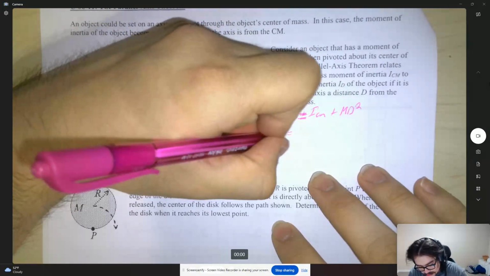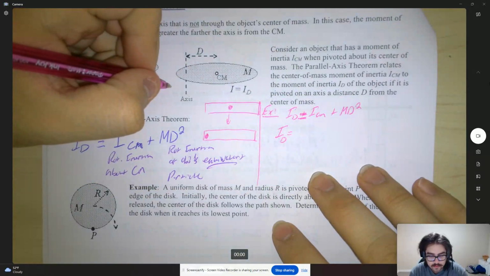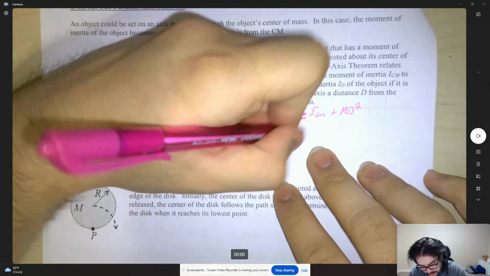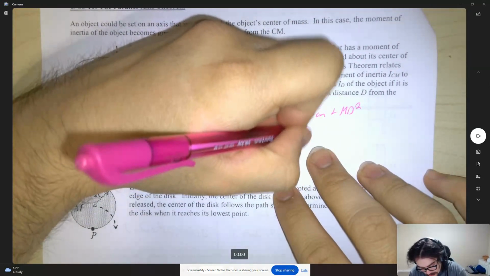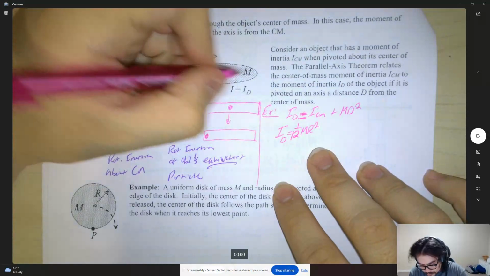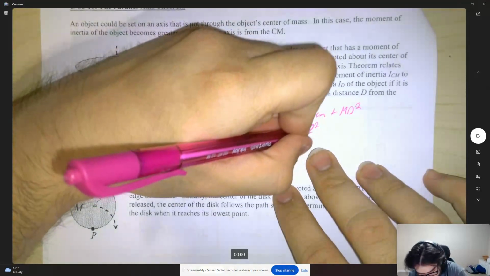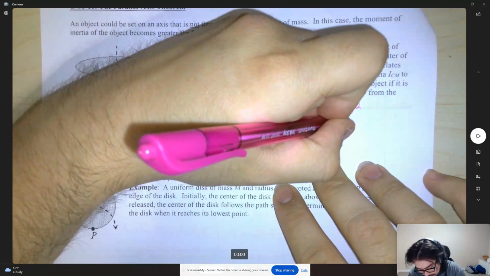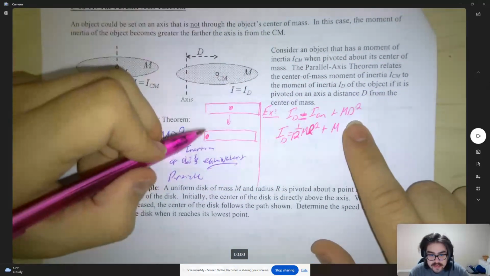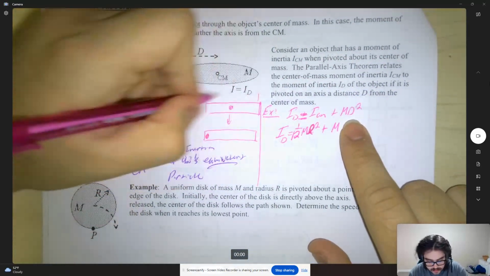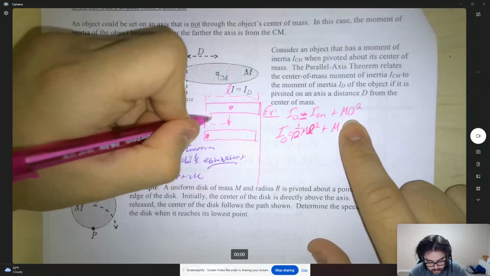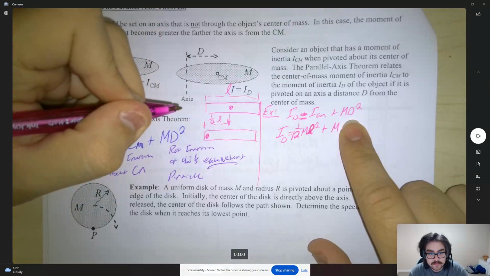Then when I shift it, okay, sorry, that should be an equal sign right there. When I shift the center of mass or the pivot point, my new moment of inertia is equal to the original, which was 1/12 m L squared, okay, plus m, and then my distance is going to be half the length of L, because if this whole thing is L, okay, then this is 1/2 L, okay?